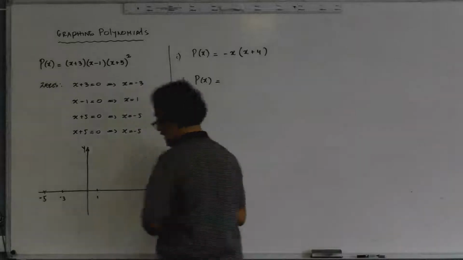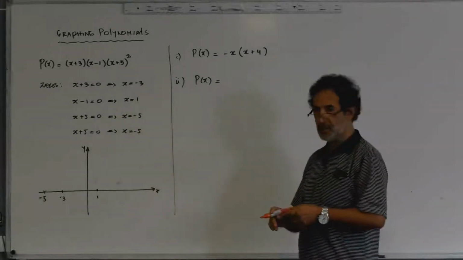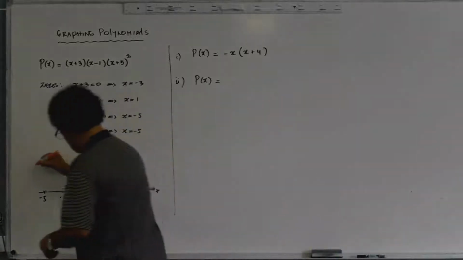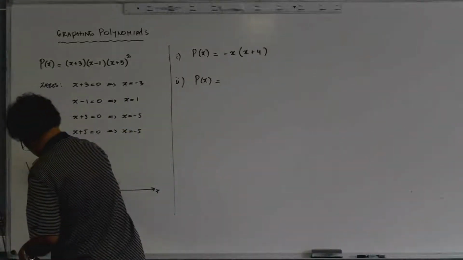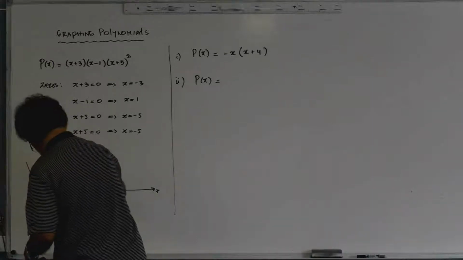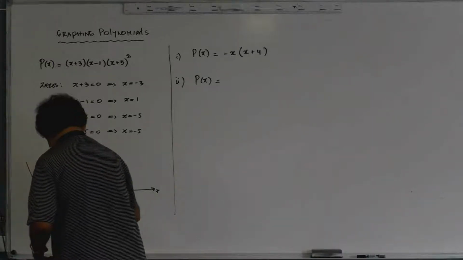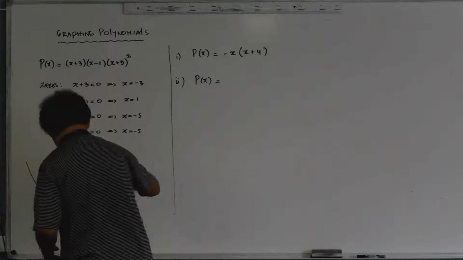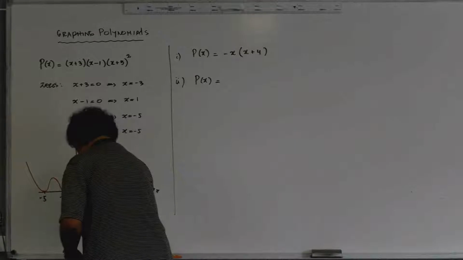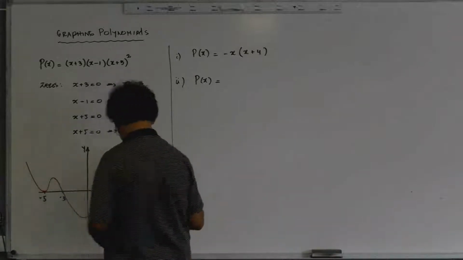And this is another quartic, so it's going to be another sort of W. But it's going to go like this. It goes like that, touches in here, then comes down, and then you go all the way up to 1. Alright, so it's going to look like that.